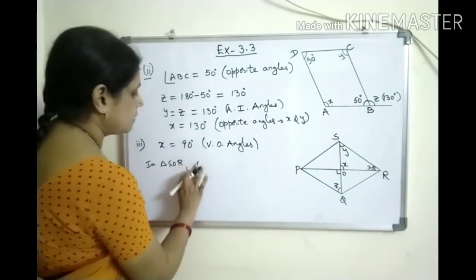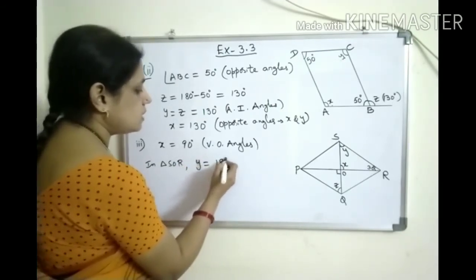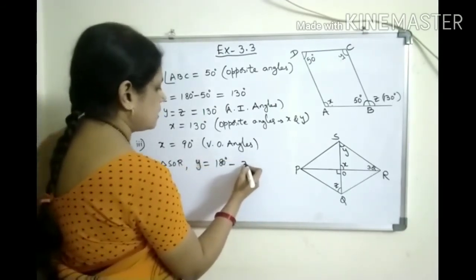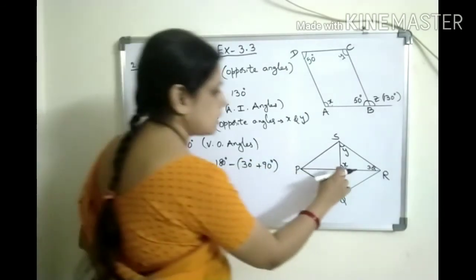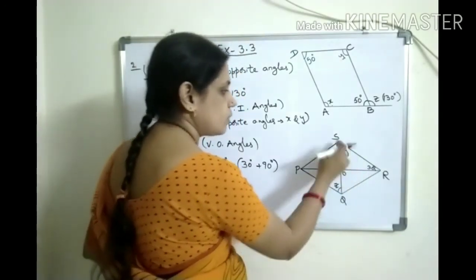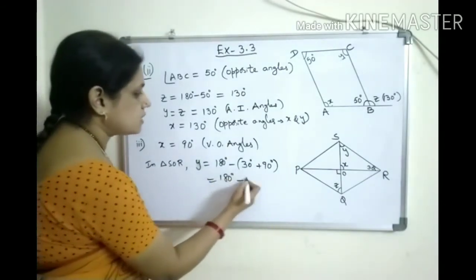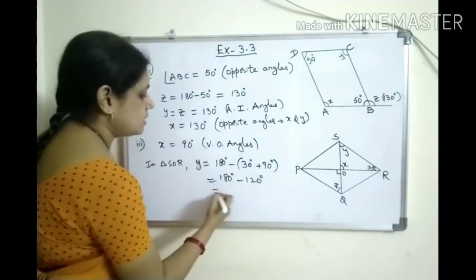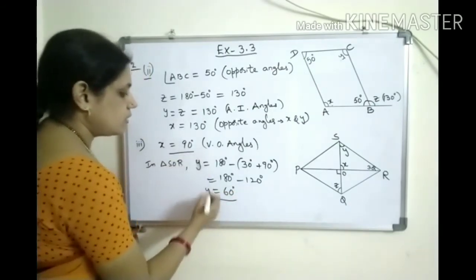So y equal to 180 minus (30 plus 90). This is 90, this is 30. So y, how can you find out? Using the angle sum property of a triangle. So 180 minus 120, that is 60 degrees. So x we got, y also we got.